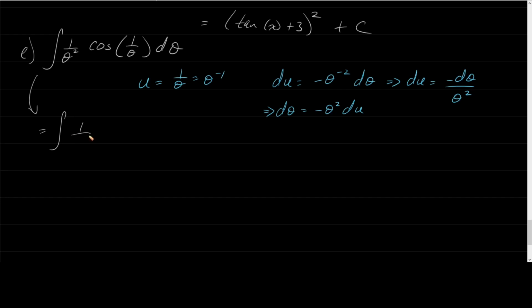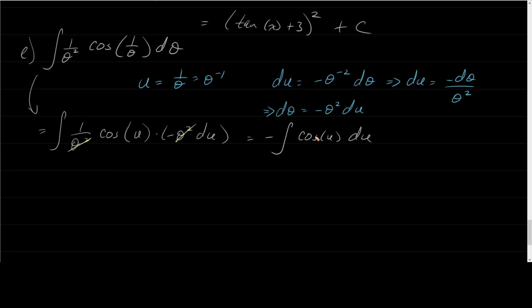So I'm still going to write it there. 1 over theta squared times cosine of 1 over theta, that was my u. And then for d theta, I have times negative theta squared du. Now what we'll note there is that the theta squares cancel each other out. So we're left with the negative of the integral of cosine of u du.